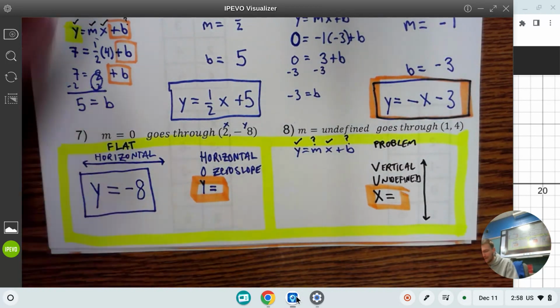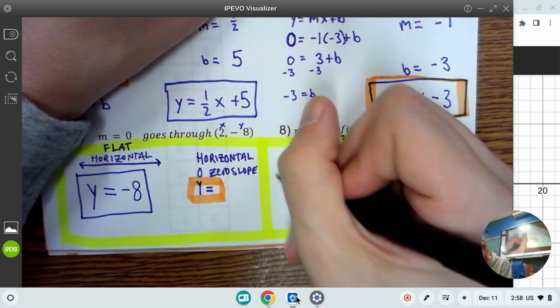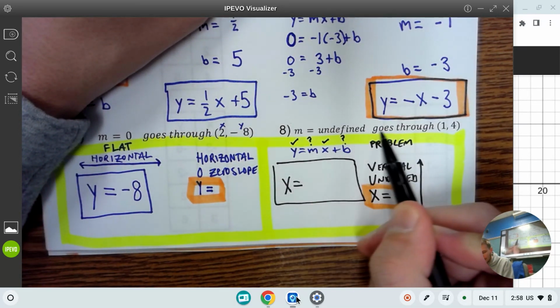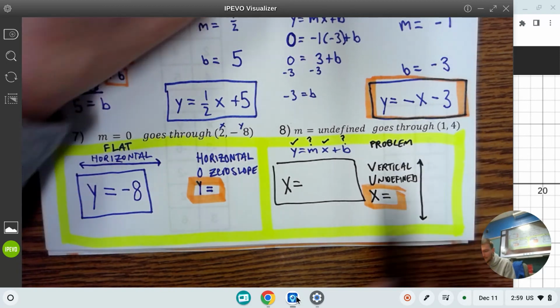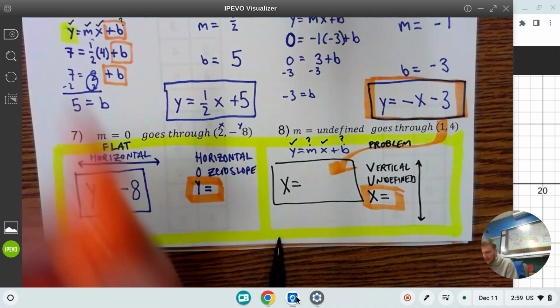So when we go to finish this question, we write x equals 1. And then you just got to tell me, look at all these numbers up here, which one is the x number? It is a 1. I agree with you.